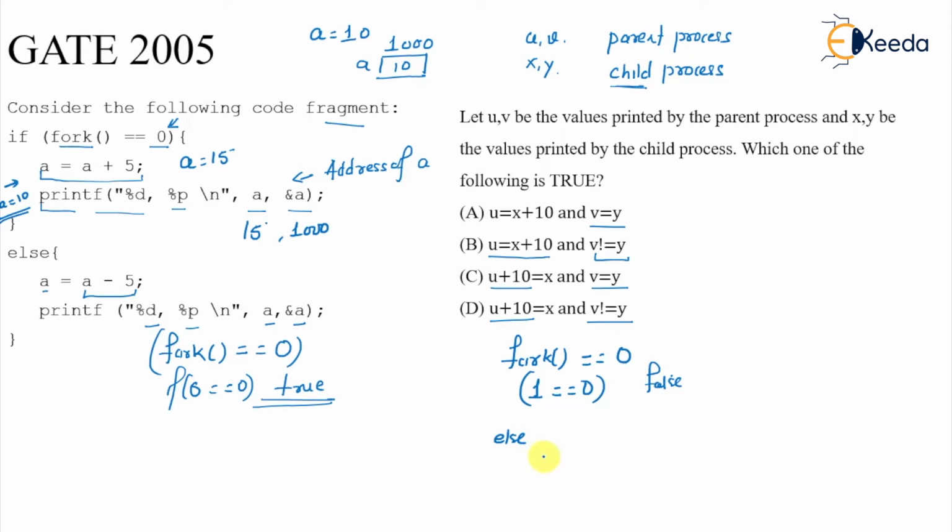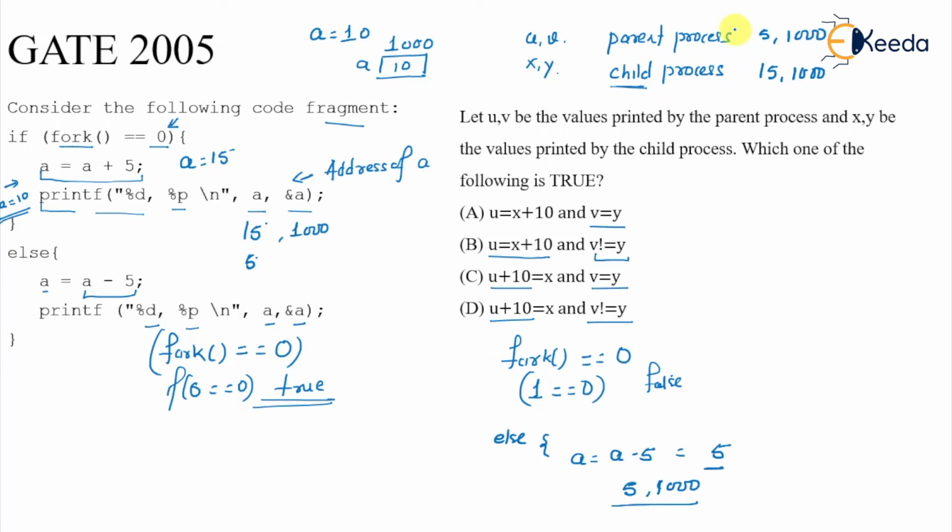In the else part, a = a - 5, and that will become 5. So when it prints, it will print 5 and the address, which is 1000. The child process is printing 15 and 1000, and the parent process is printing 5 and 1000.